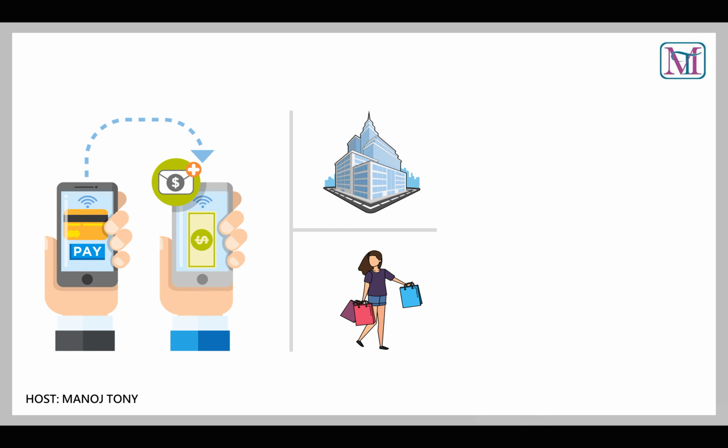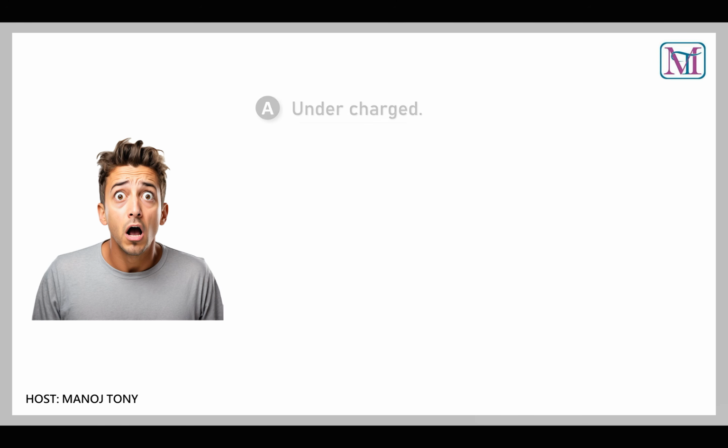Now if you talk about the accounting entries, here the company will make the payment to the customer, that is 150 rupees. So company account will be debited and customer account will be credited.